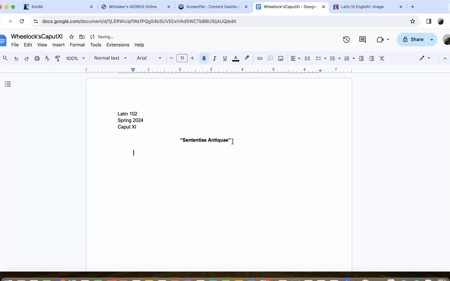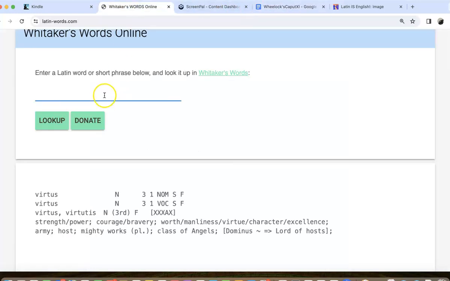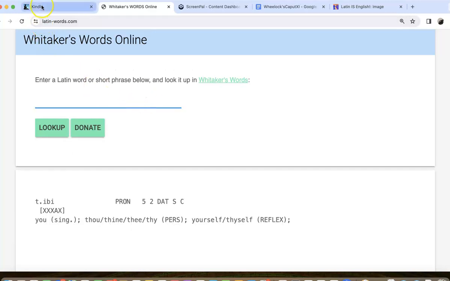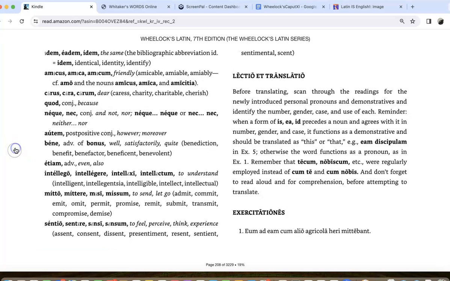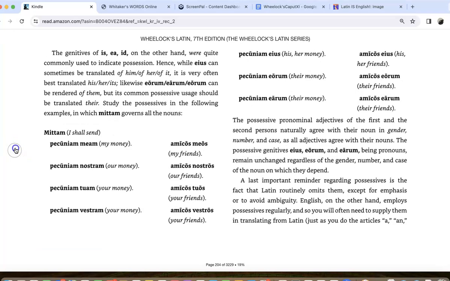So your virtue makes, facit, makes me a friend, again literally to you, just because tibi is in the dative. Might be better to show you. Do they have it in this one? I don't know. Let me see here.